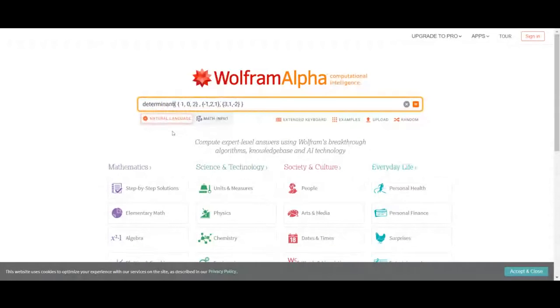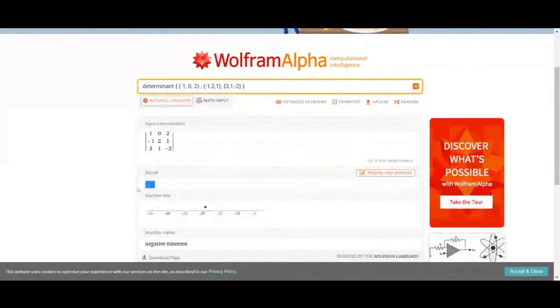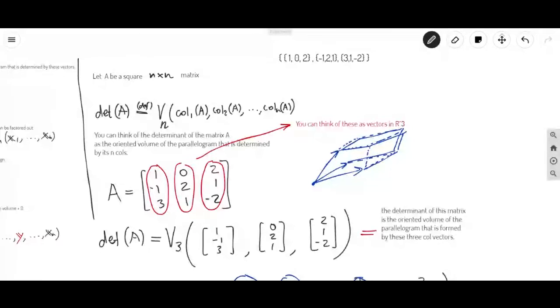So we tell it to do determinant of that matrix. And you can see there's the answer, -19. It even tells you how to say it in words, -19. It also shows you where -19 is on the number line in case you do not know that. So this is how we do this calculation.